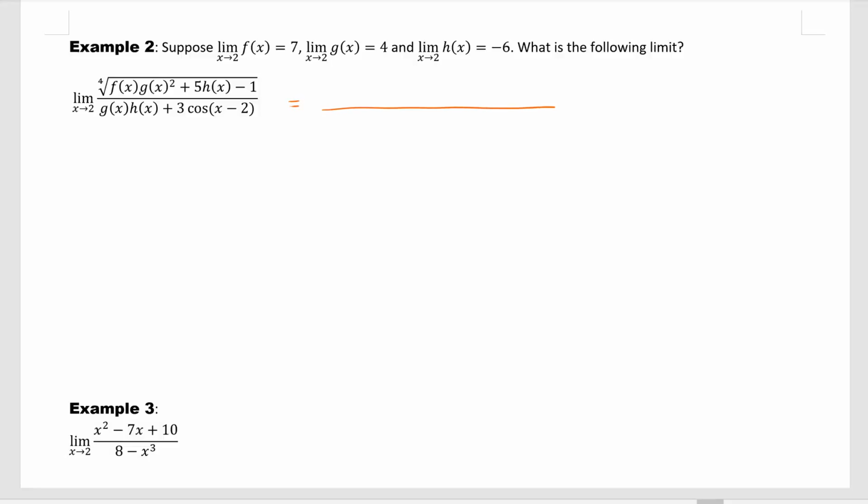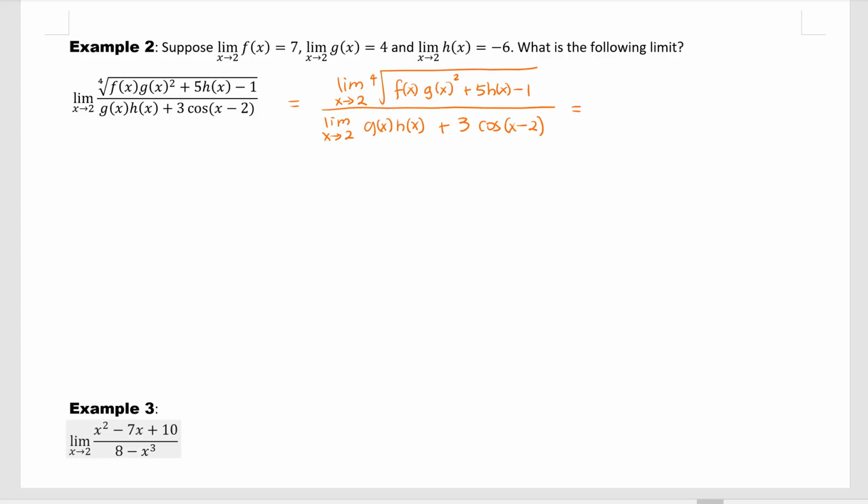So let's move the limits inside the numerator and the denominator. And this is limits. So don't forget, you gotta include the limits in each step. Okay, so don't be lazy. You can't be lazy. Include the limit in each step.